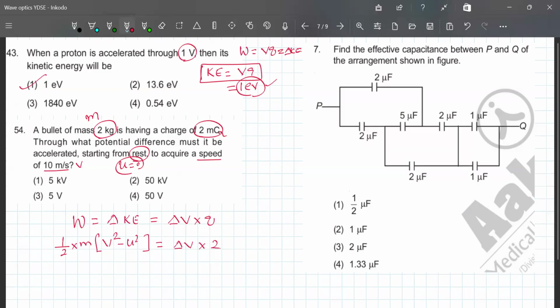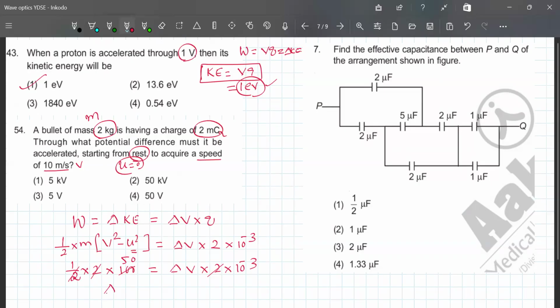The charge given is 2 millicoulomb. Half the mass, 2 kg, times the final velocity squared, 10 square, which is 100, equals delta V into 2 into 10 power minus 3. So this 2 and this 2 get cancelled, leaving 50.